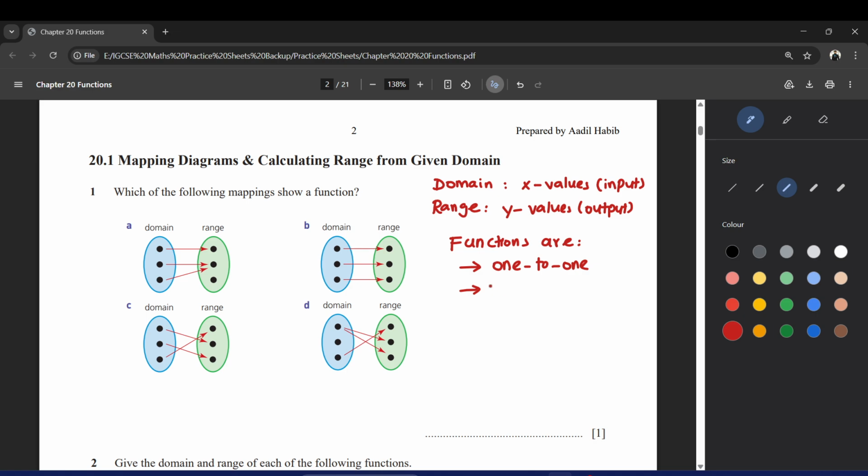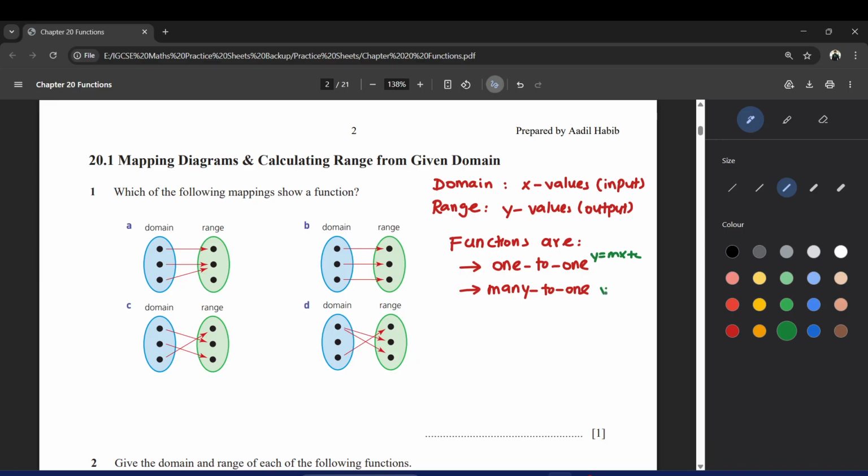Then we also have another type of function, which is many to one. In this case, we can have more than one domain value, but they will all be mapped to the same range value. We saw an example that linear functions, the straight line functions of the form y equals mx plus c, are an example of a one-to-one function. Obviously, there are other examples as well, but this is one of them.